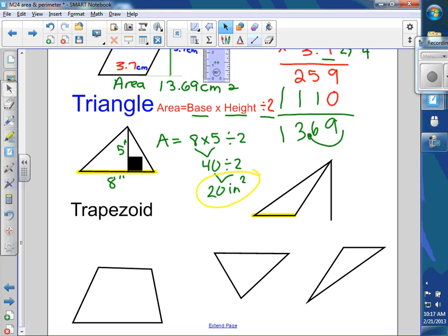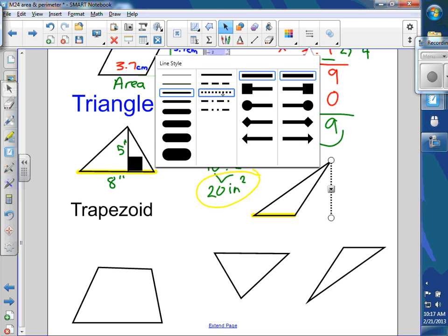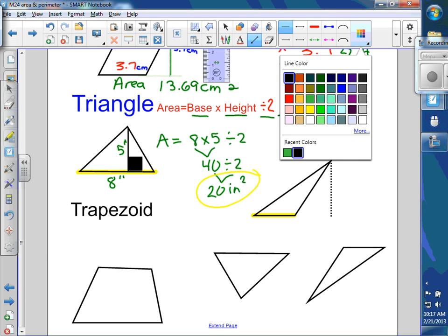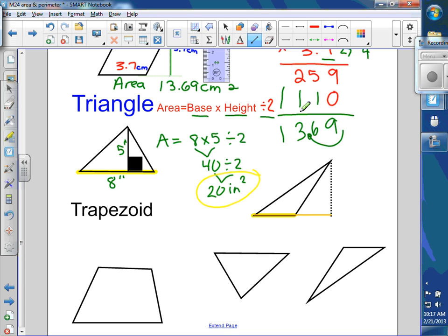Yeah. So then you would, let's say this was the height here. It should line up with the base. So let's see if I drew that. Okay. So pretty good.